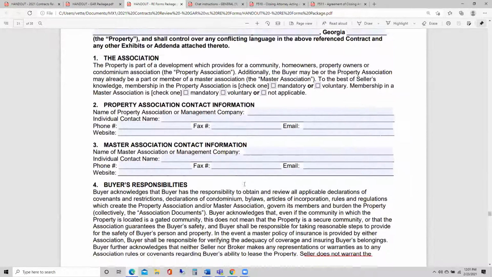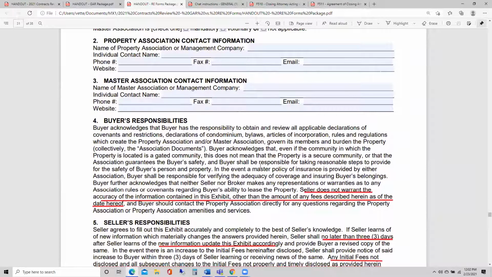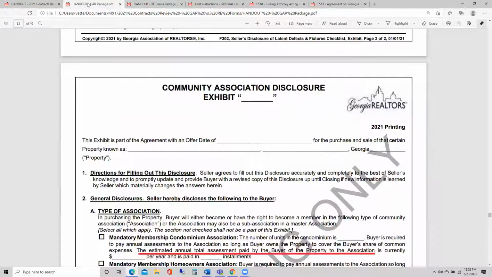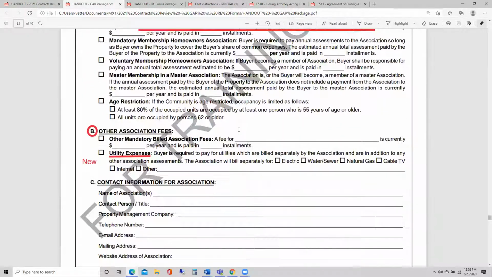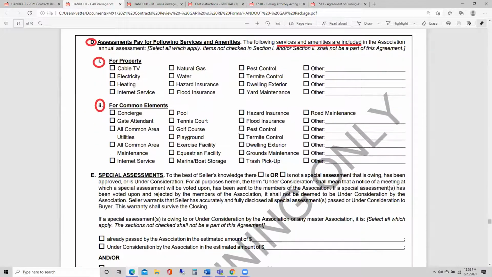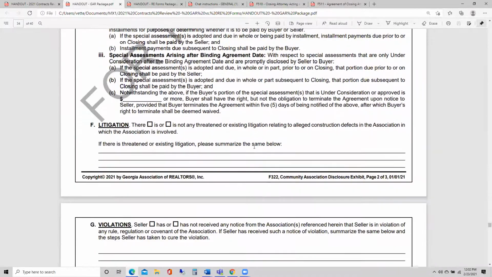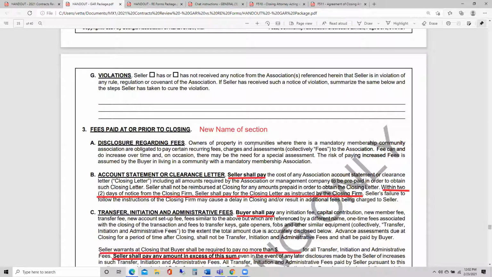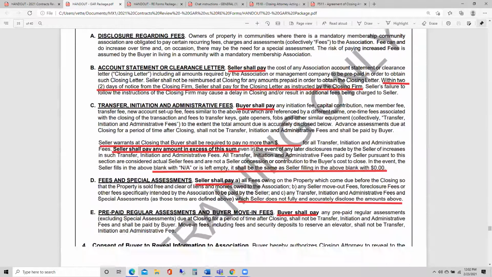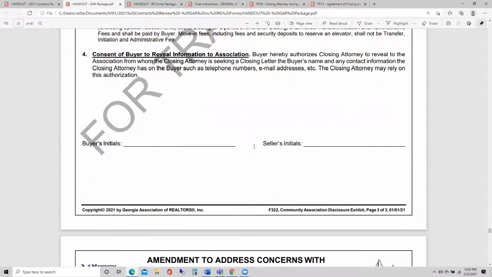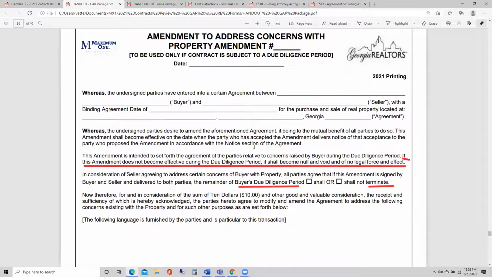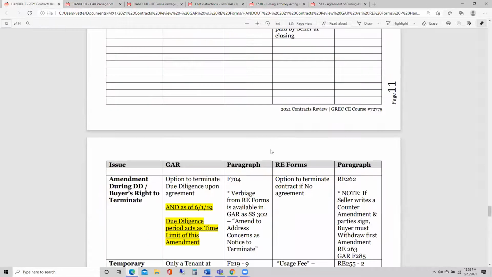It's up to you to find it out and figure it out. But because of what's happening, especially in Metro Atlanta area, the HOAs and the management companies just will not communicate with anyone other than the seller. It's very, very difficult for a buyer to actually do that within their due diligence time frame because they just cannot get that information.